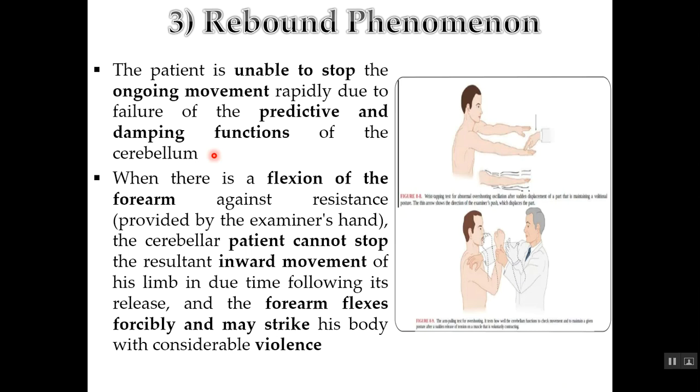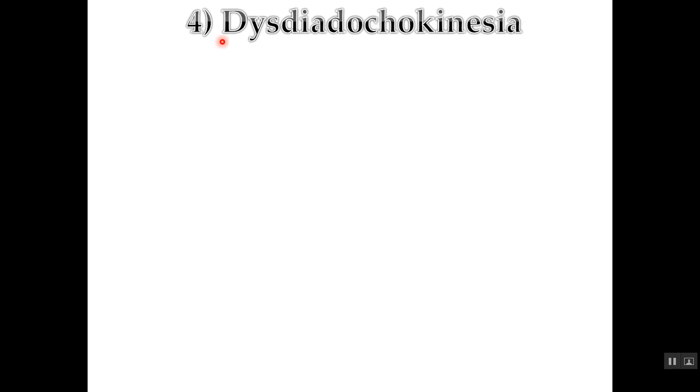So the forearm flexes forcibly and may strike the body, and this is considered violence. So this test is nowadays obsolete. Obsolete means it is prohibited to do a test like this because it may injure or hurt your patient.